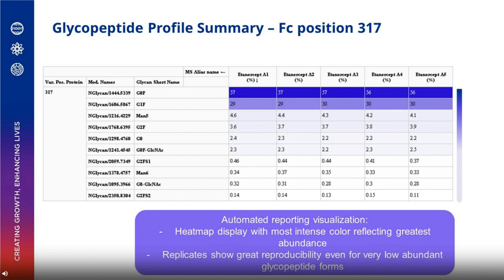G0F is the most abundant glycan species, up to 57% fractional abundance across the 5 replicates. The second most abundant is G1F, at 30% fractional abundance. This corresponds to the total intact mass fractions, so the top 2 peaks were already observed in the intact mass analysis.